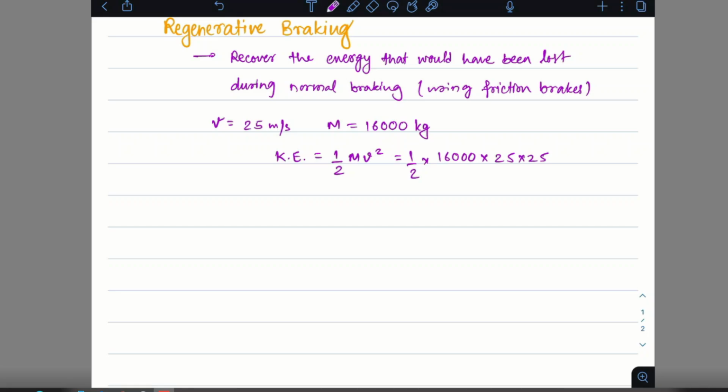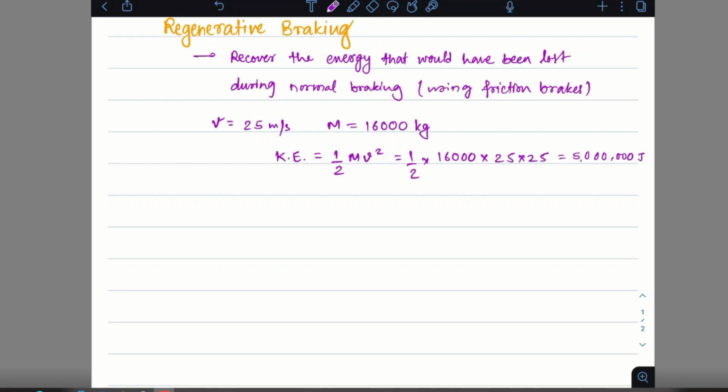So let's calculate that: 8,000 into 25 into 25. Okay, so this much is our kinetic energy.